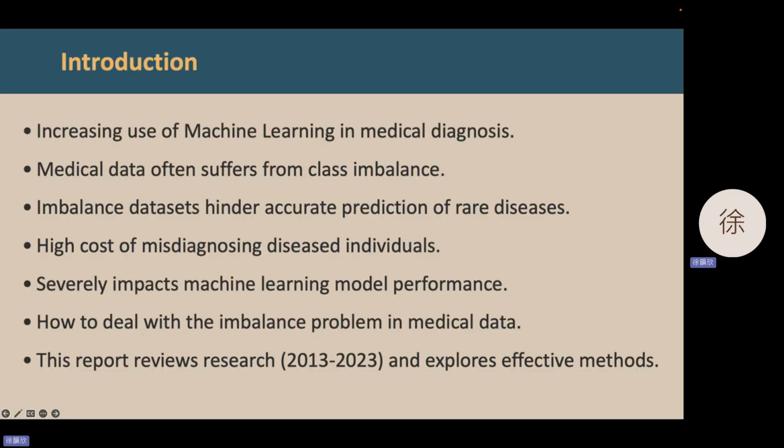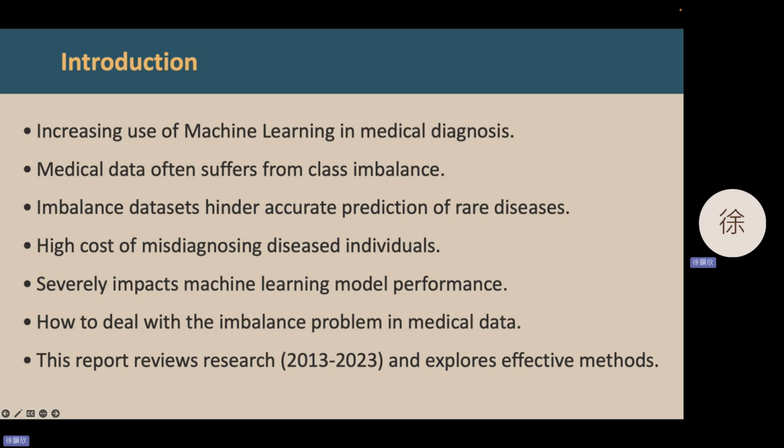Okay, so in the medical field, machine learning is increasingly used to assist in diagnosis. However, medical data often has the problem of imbalance, meaning that cases of certain disease are far fewer than those of healthy individuals.